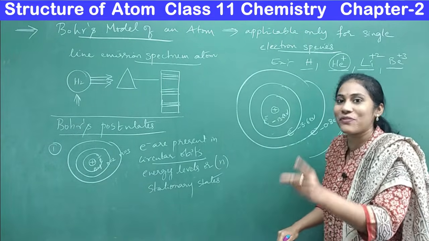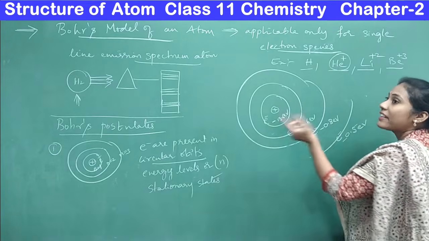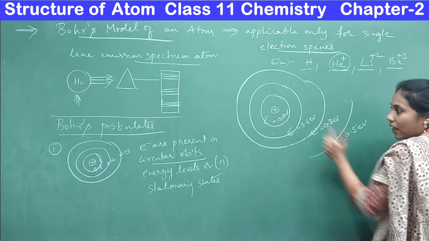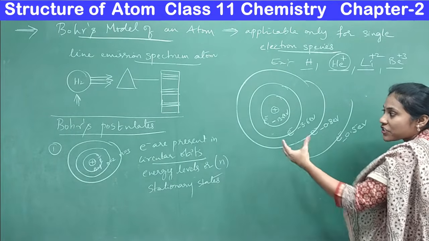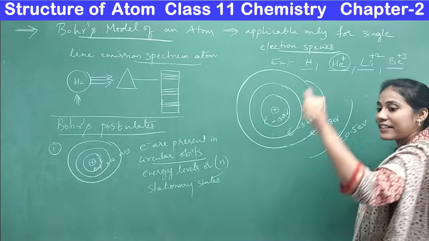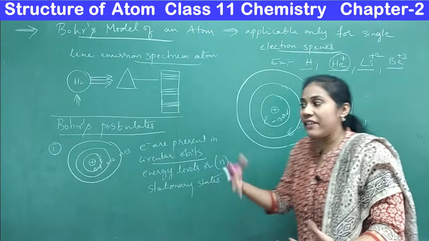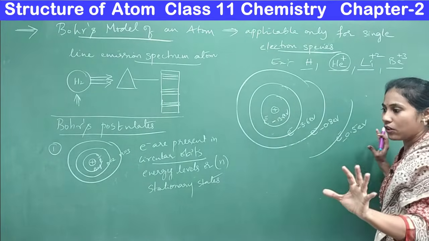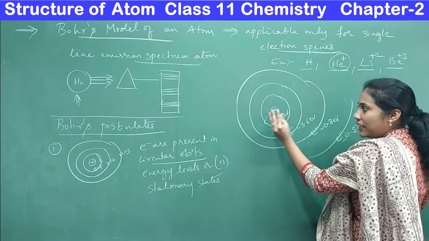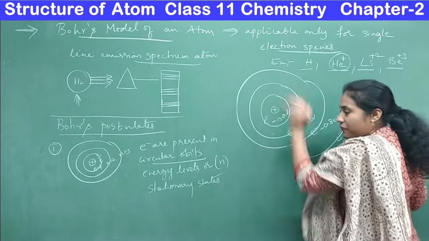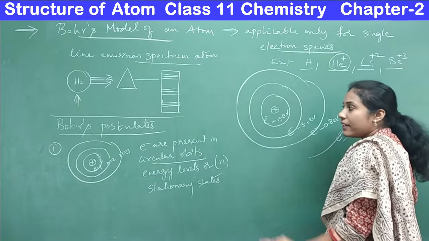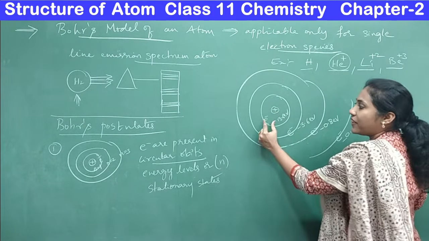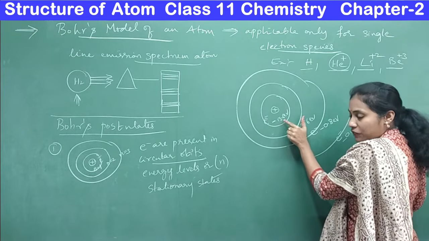I repeat the sentence once again: electrons can be present in only those shells or energy levels in which the energy of the electron is fixed. You can never expect the electron to be present in whichever energy level it wants. No. When an electron has this much energy, it should be present in the first energy level only. The first energy level can give a place for an electron only if it has this much energy.